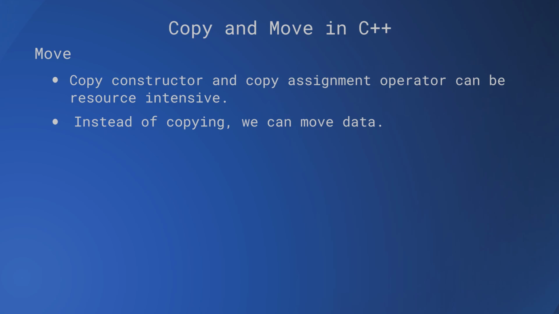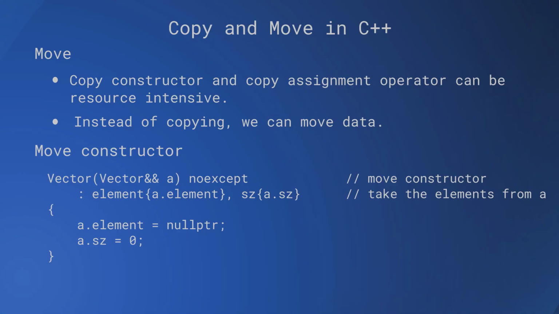We have the move constructor and move assignment operator functions for our vector container class. Let us first look at the move constructor. The notation vector&& a means the reference to the R value of vector a. For any name, there is the L value and R value.